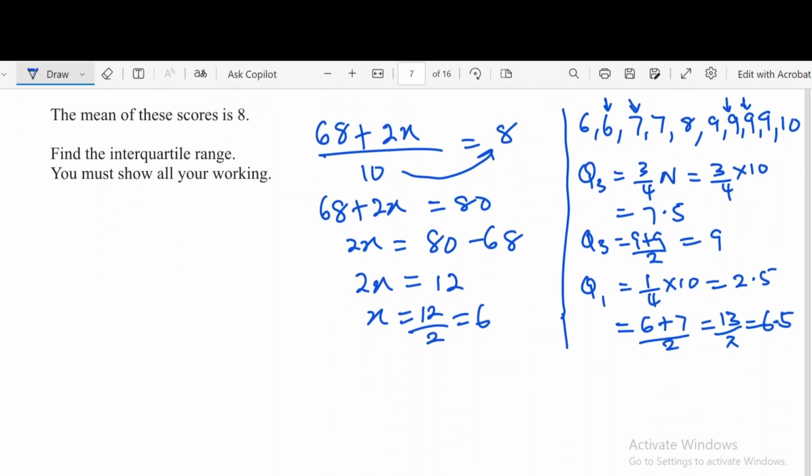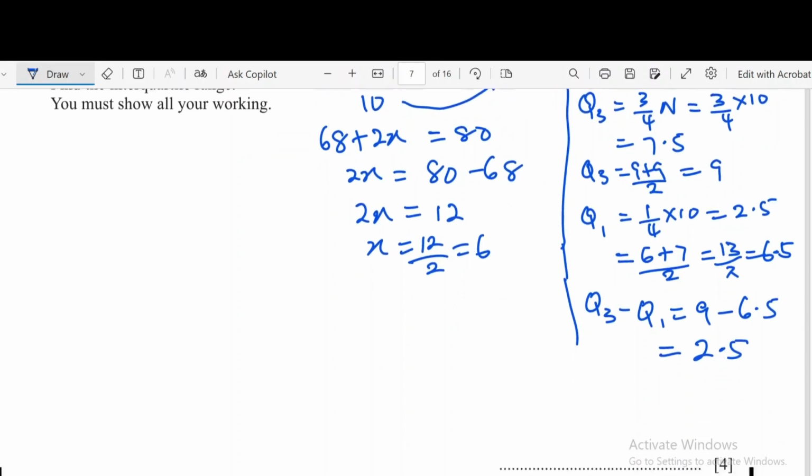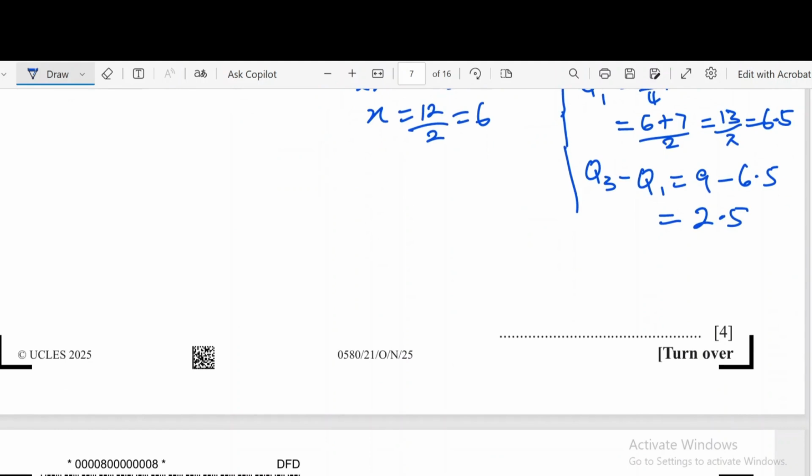Okay, so now the interquartile range is the upper quartile minus the lower quartile, and that will give us 2.5. So here the interquartile range is equal to 2.5. So we enter 2.5 here.